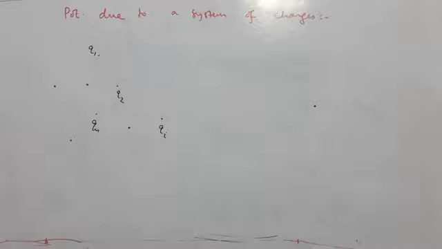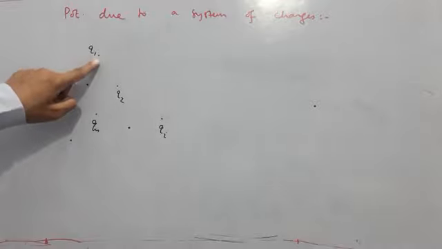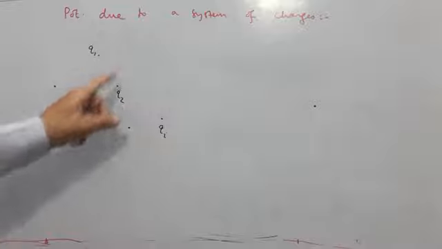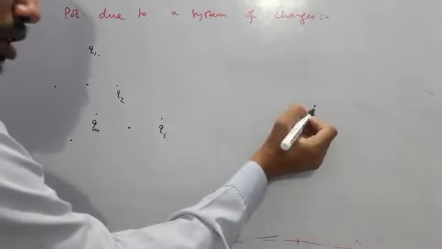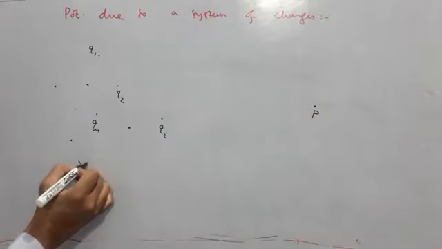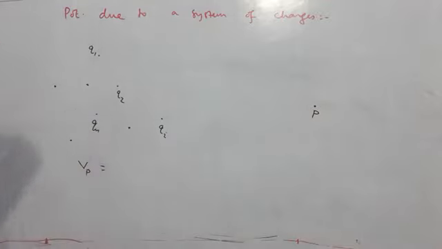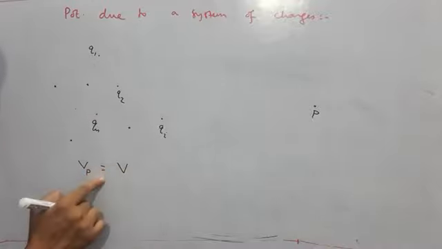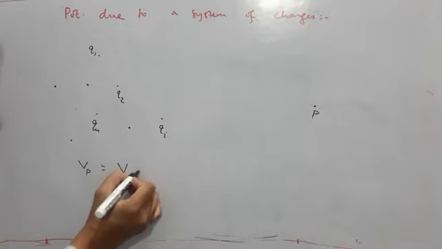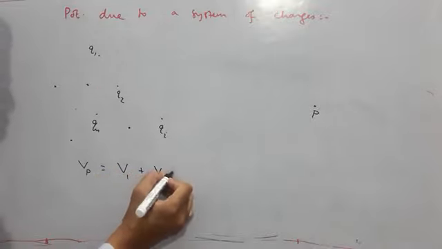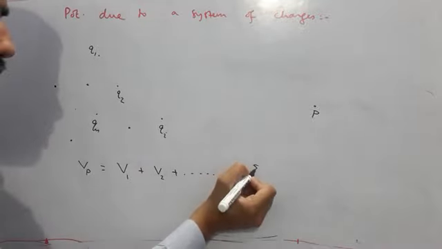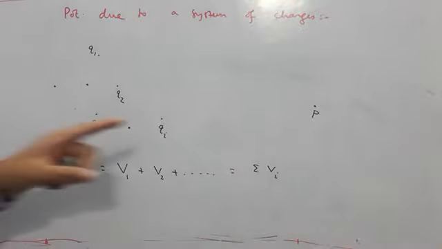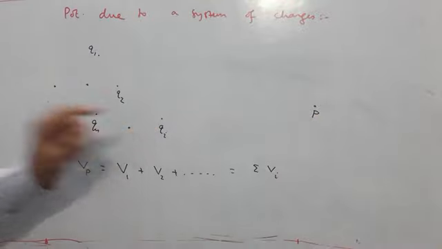Next we would like to discuss that instead of one point charge, if there are many, then how do we calculate the potential at a particular point? The answer is simple. The total potential at this point, which I call P, so V at P, will be the sum of potentials due to the individual charges. It will be equal to the potential at P due to charge 1 plus the potential at P due to charge 2 and so on for all the charges. So this can be written as the summation of Vi, where Vi is the potential at this point due to charge Qi.